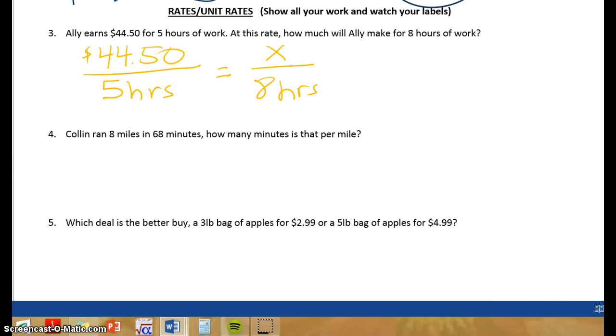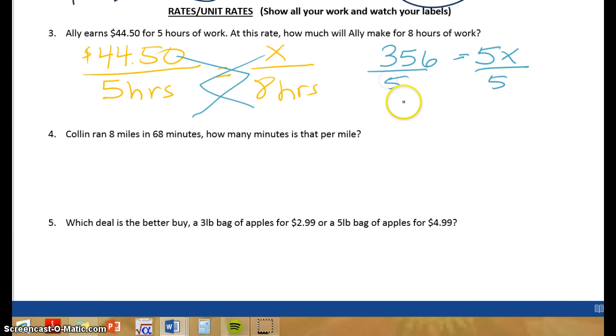Now I'm going to do my cross multiplying, my little shoelace method there, and you get 356 equaling 5x. Now to solve for x, we're going to divide both sides by 5, and we end up getting 71/20. So our final answer, I'm going to write it in a different color so we can see it.